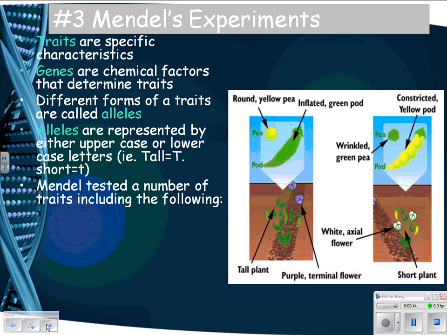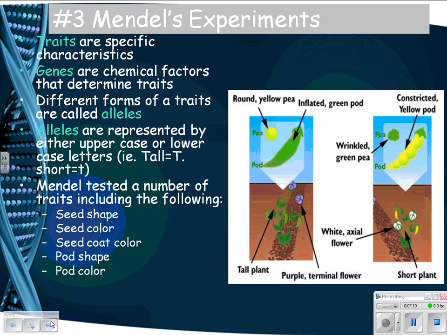Mendel tested a number of traits, including the following: seed shape, whether it was wrinkled or whether it was smooth; seed color, whether it was yellow or green; seed coat color, on the outside of the seed there's a coat; pod shape, which is whether it is smooth or whether it is constricted; pod color, whether it's green or yellow; flower position, whether it's at the end or whether it's on the sides.